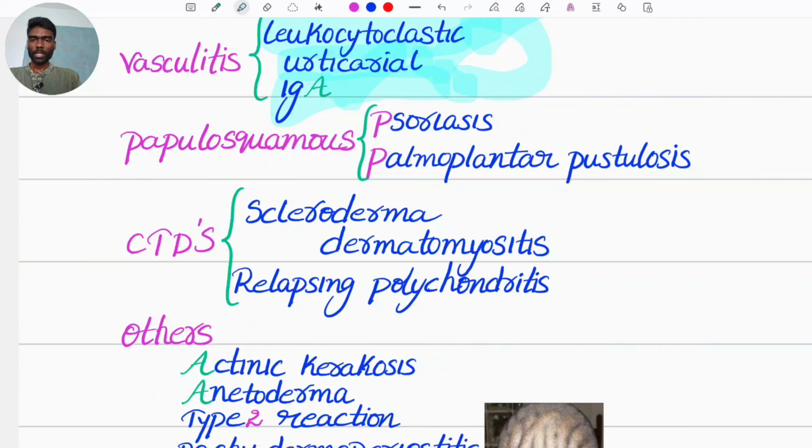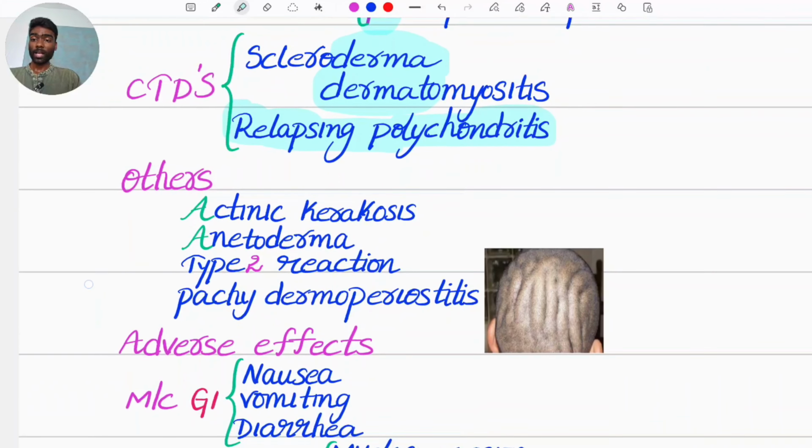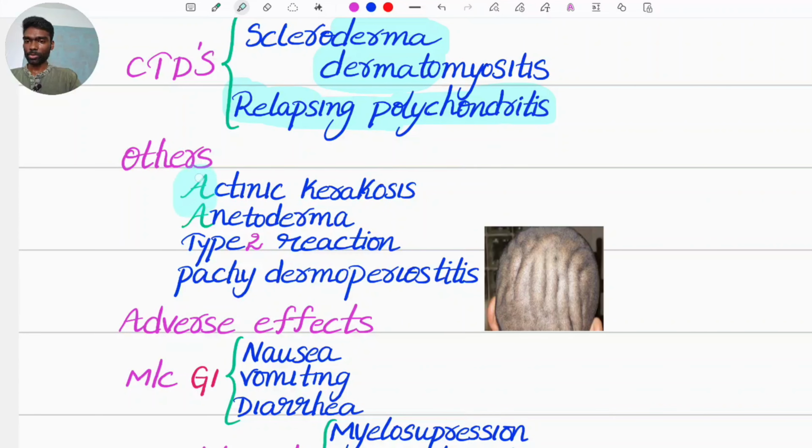Coming to the next uses: papulosquamous diseases like psoriasis, palmoplantar pustulosis; connective tissue diseases like scleroderma, dermatomyositis, relapsing polychondritis. Others like actinic keratosis, anetoderma, type 2 reaction, pachydermoperiostosis.